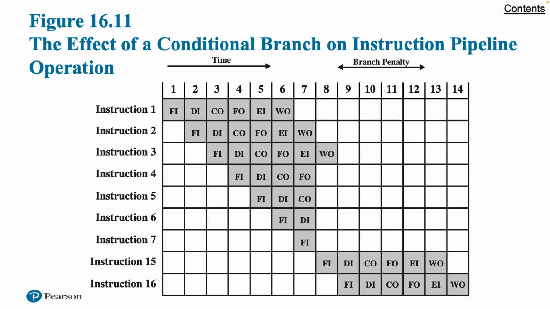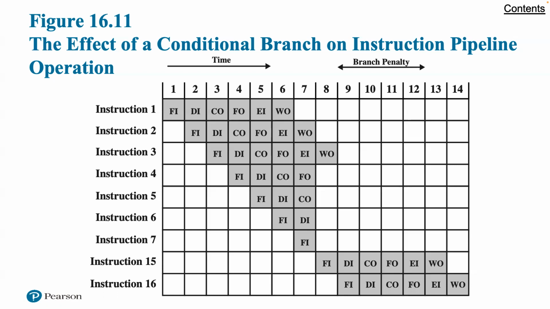In figure 16.10, the branch is not taken, and we get the full performance benefit of the enhancement. In figure 16.11, the branch is taken. This is not determined until the end of time unit 7. At that point, the pipeline must be cleared of the instructions that are not useful.